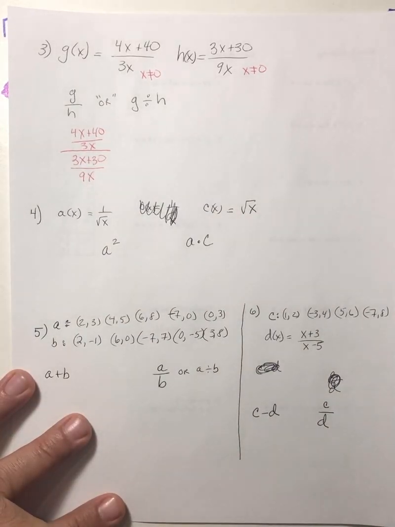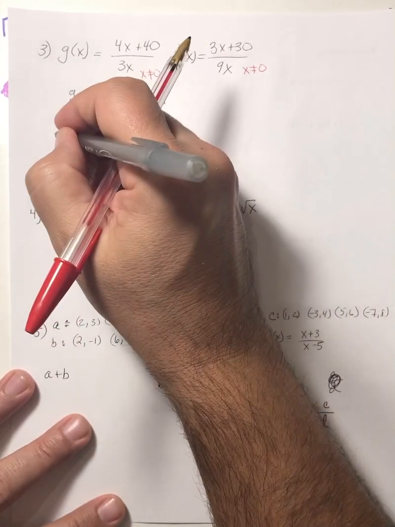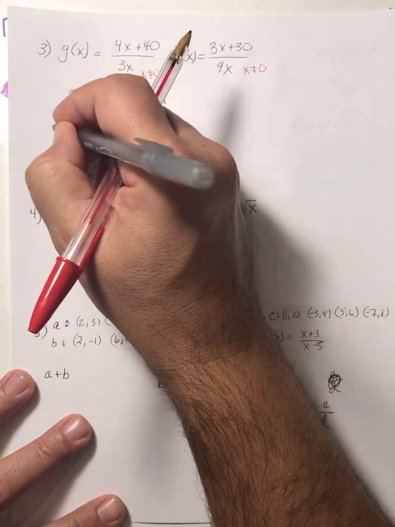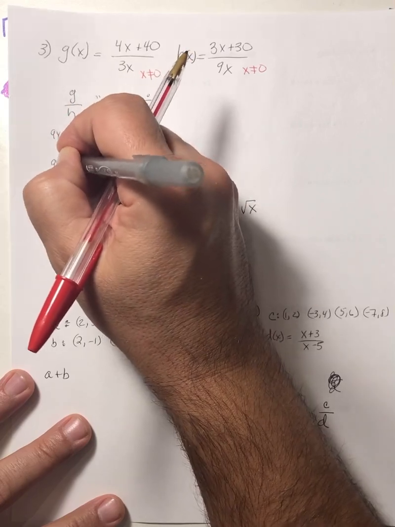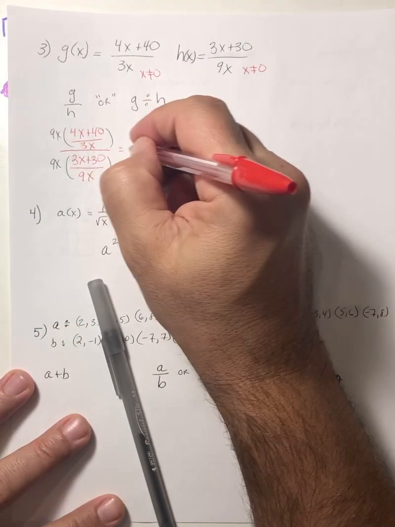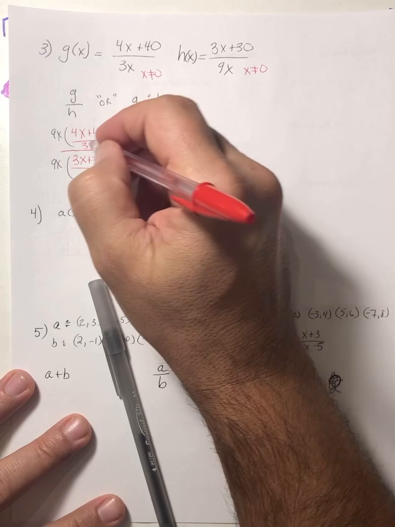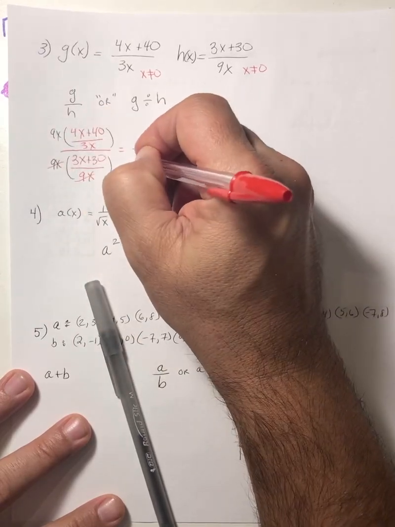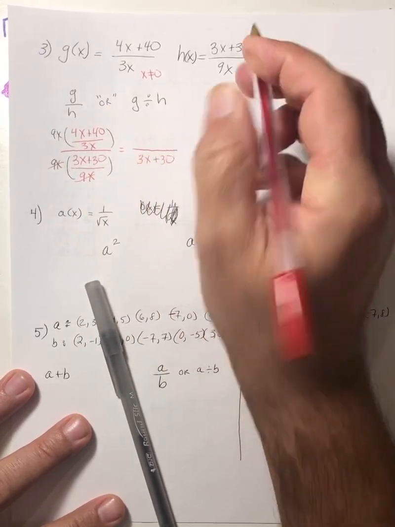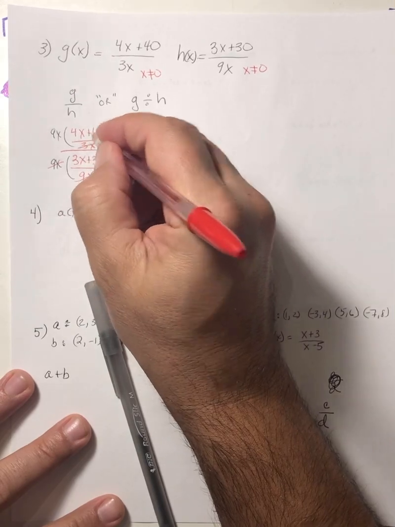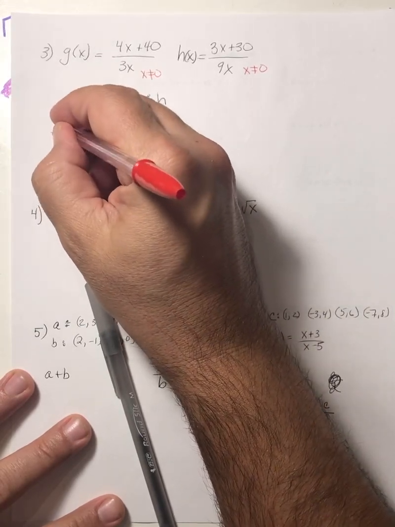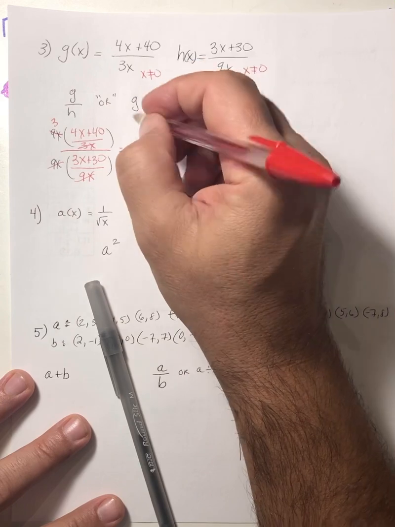What's our common denominator? That's right, we're going to multiply everything by 9x. So those cancel, so we have 3x plus 30. The 3x cancels with the 9x to leave us a 3, so I just have to distribute.